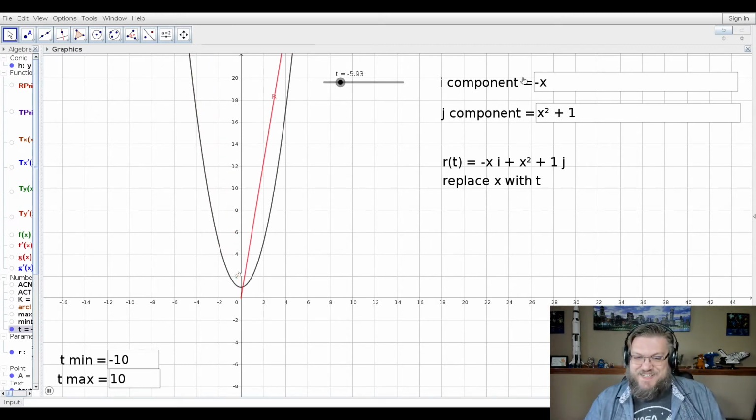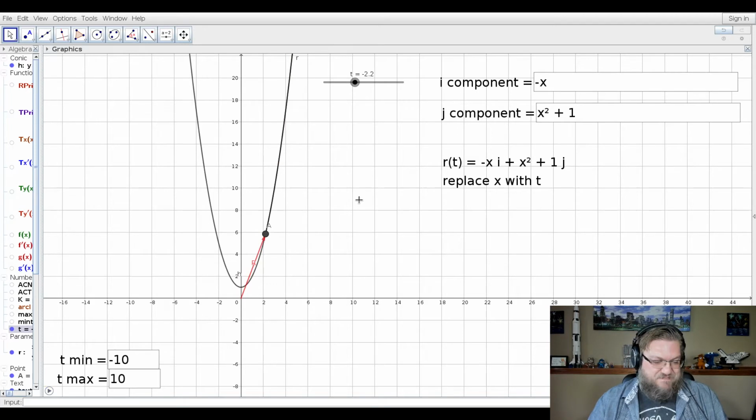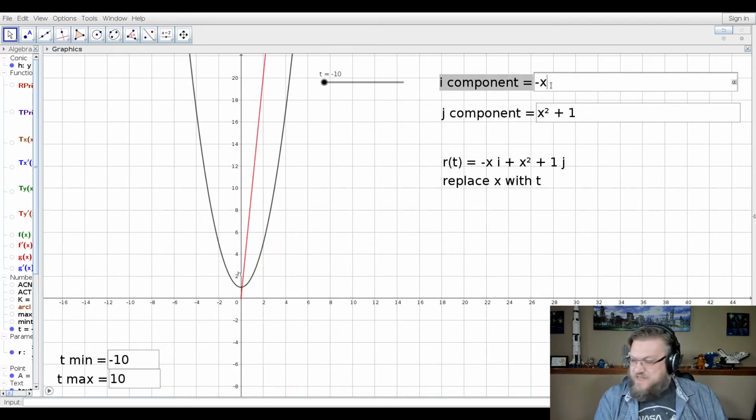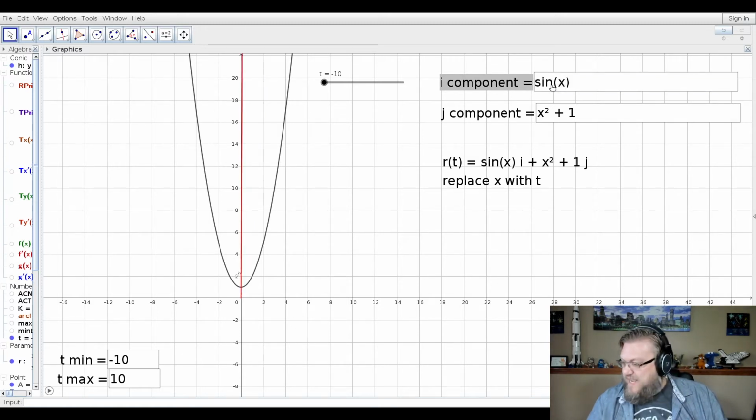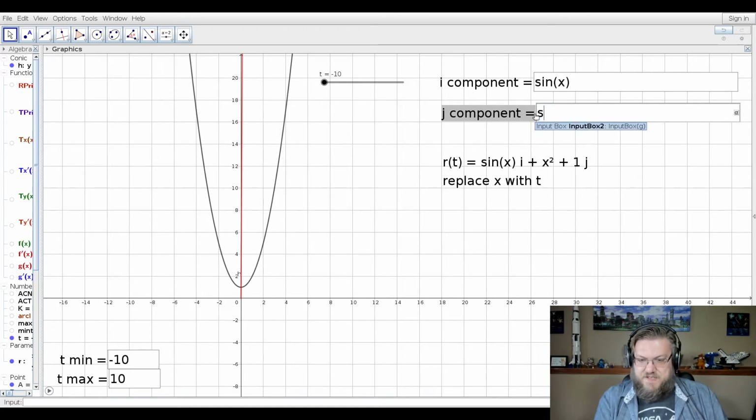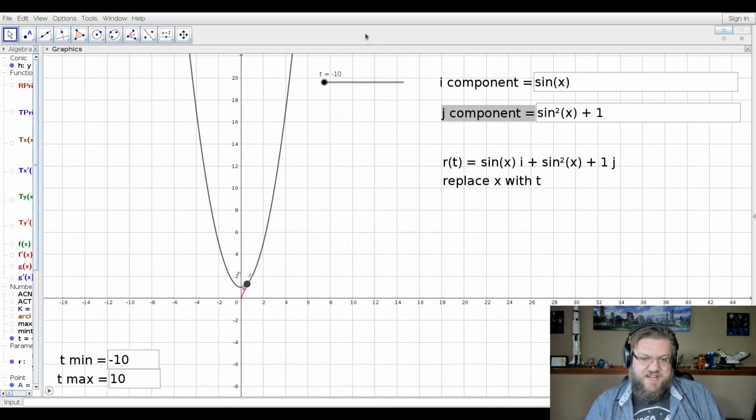This is the one I'm kind of interested in seeing here. So let's pause it. This is our third representation, which we did sine of t and sine squared plus 1. So let's see, parentheses, sine of x all squared plus 1. I'm very interested in how this gets drawn out.